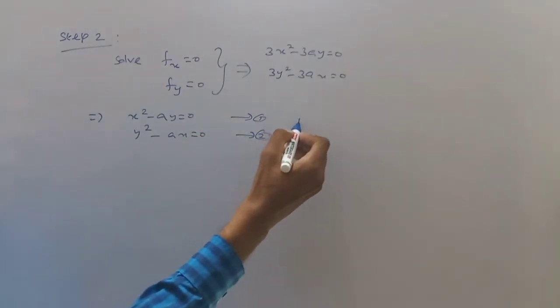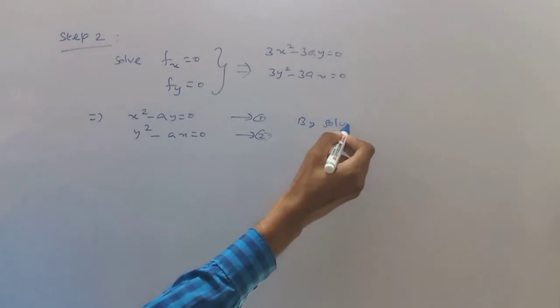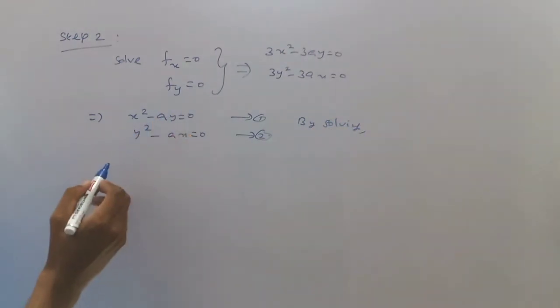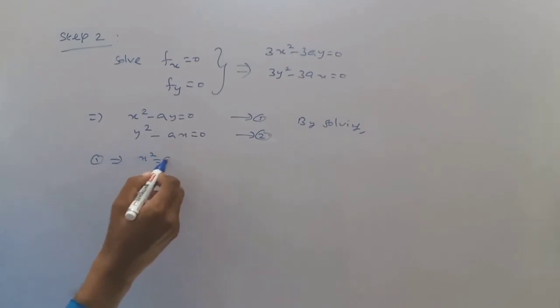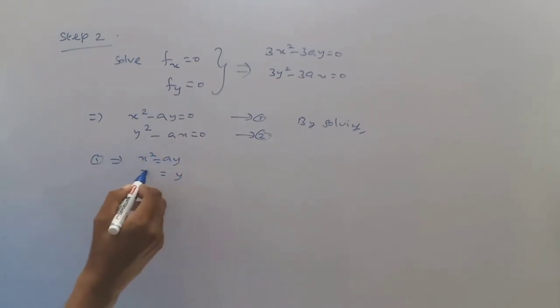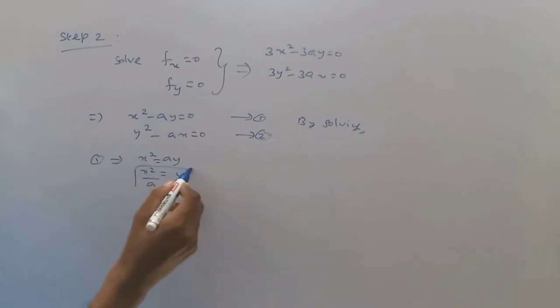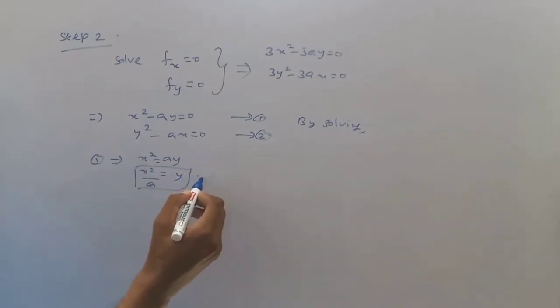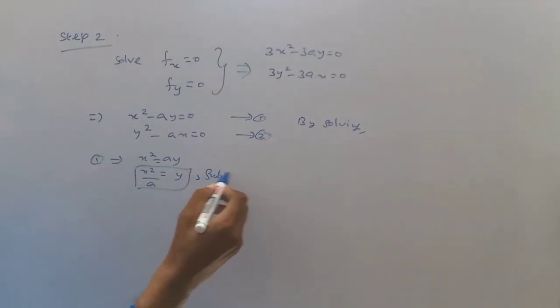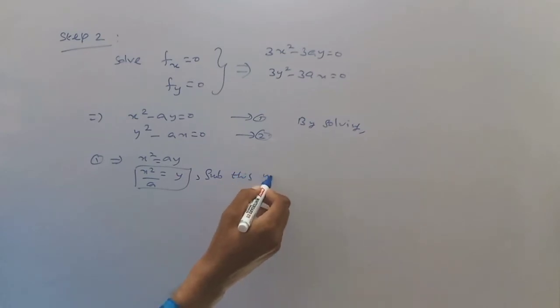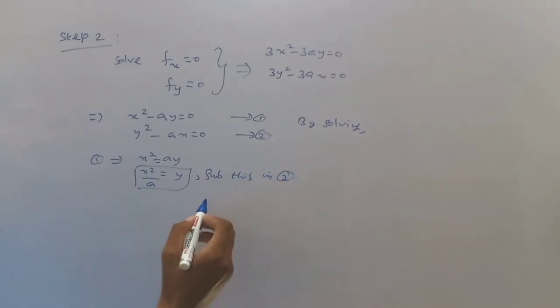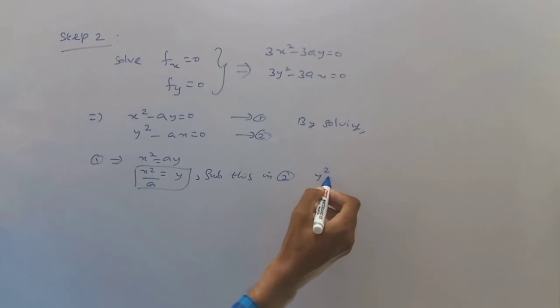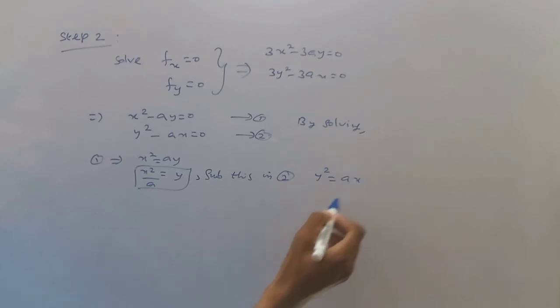So by solving, from the first equation, x square equal to ay. So y equal to x square by a. Substitute this in 2. That means y square equal to ax.